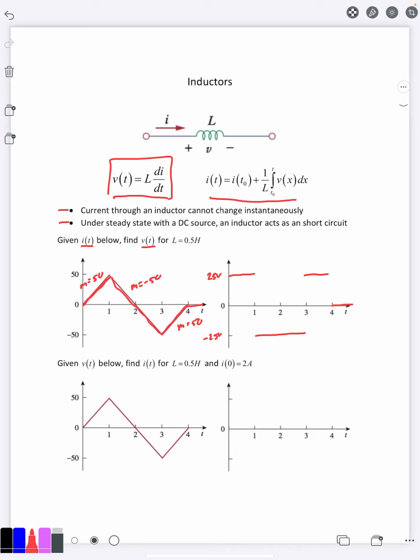Just like before, now if we want to find the current, we're going to have to integrate the voltage. So we can write our voltage as a piecewise function, just as we did for the capacitor. It's basically the exact same problem. 50t if t is between 0 and 1, negative 50t plus 100 if t is between 1 and 3, and then 50t minus 200 if t is between 3 and 4.